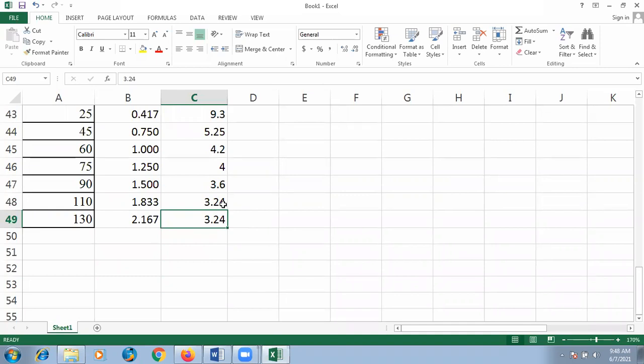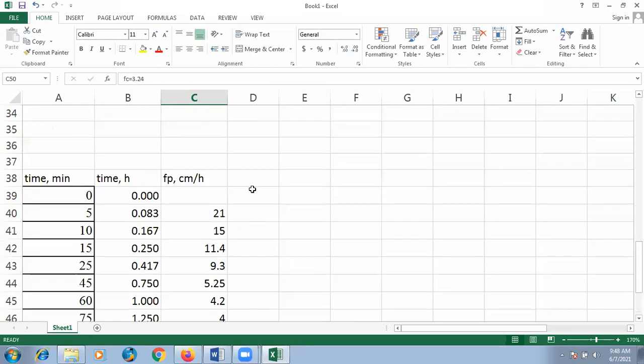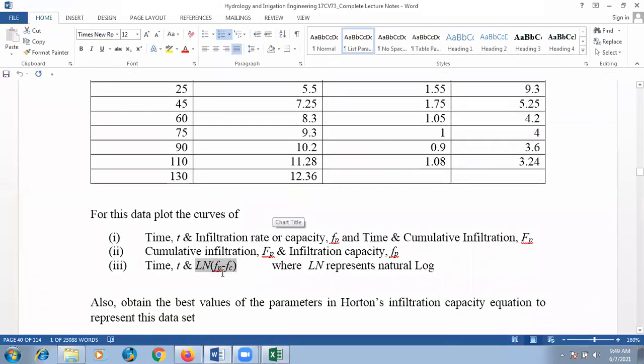You take that as fc, and here fc is taken as 3.24. Now, based on this, you calculate fp minus fc.